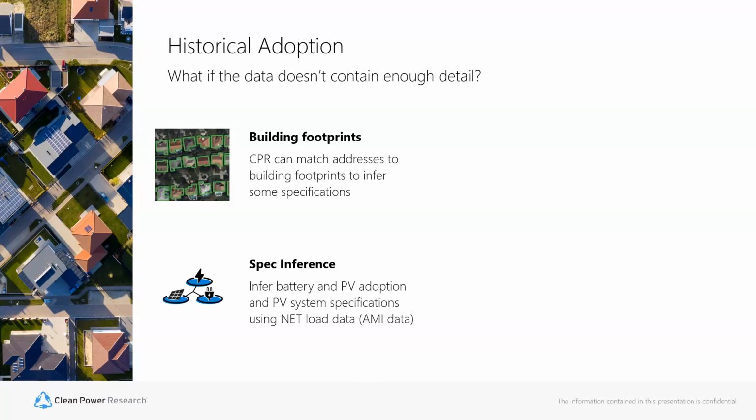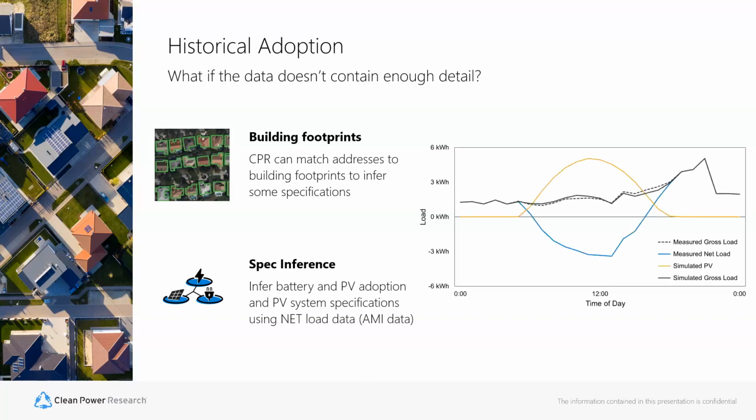But one of the things that we can also do, if we don't have any data at all about adopters, is we can use AMI data. Where utilities have AMI data, hourly or better, we can actually go through that data and tell not only if there's a solar or battery system at that location, but we can also infer the specifications.